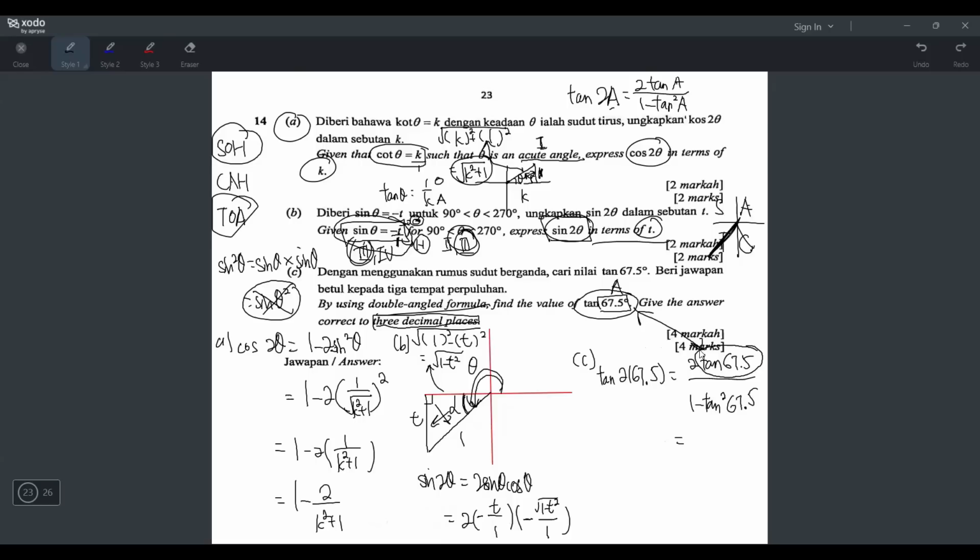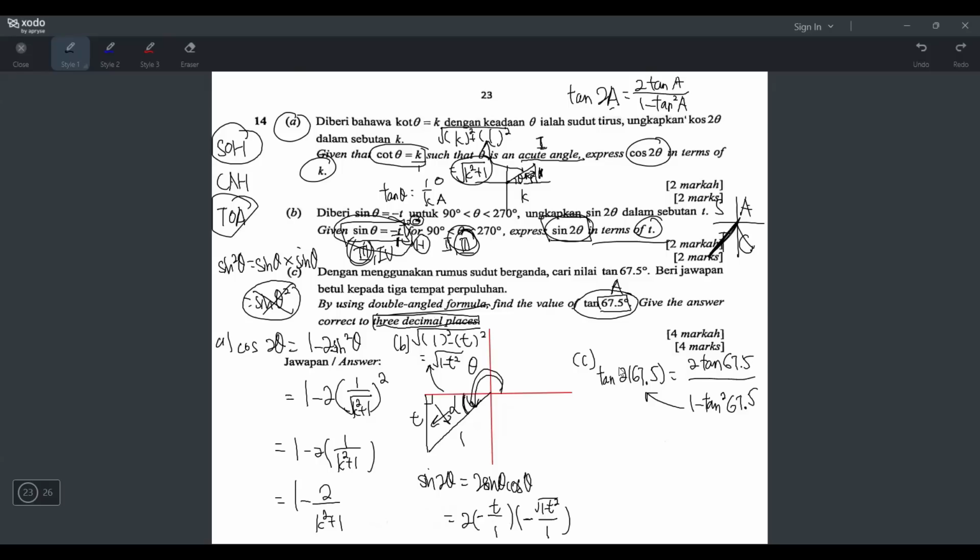So let's think about this. Can I move this whole thing here? Can, right? But when I move it like that, what will happen? Okay, let's press 2 times 67.5 and see what happens. 2 times, you will get tangent 135. So let's press tangent 135.